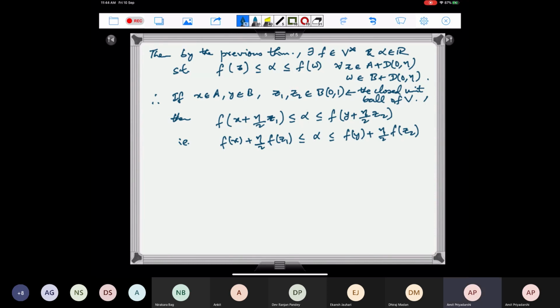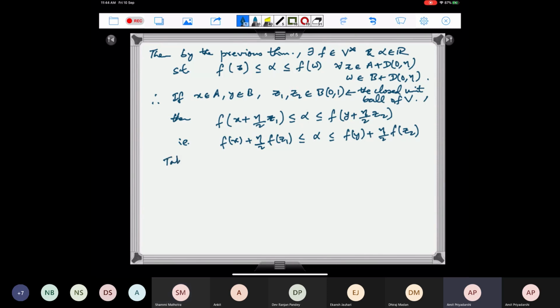Similarly, if I take the infimum of f of z2 where z2 belongs to B01, what is it? It is minus the norm of f.